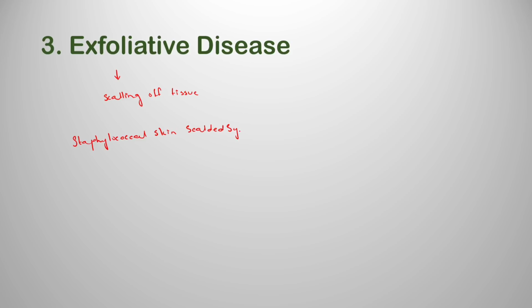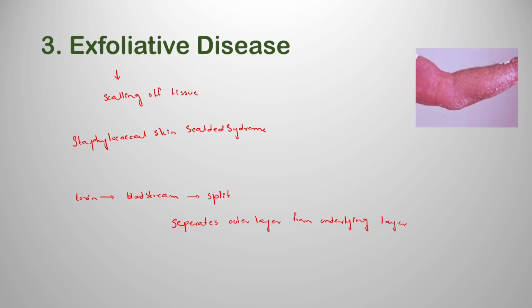Epidermal toxin produced by Staphylococcus aureus at the skin is carried by the bloodstream to the epidermis, which is the upper layer, where it causes a split in the cellular layer. This toxin separates the outer layer of the epidermis from the underlying tissues, and as a result, scaling of the skin appears on the body.